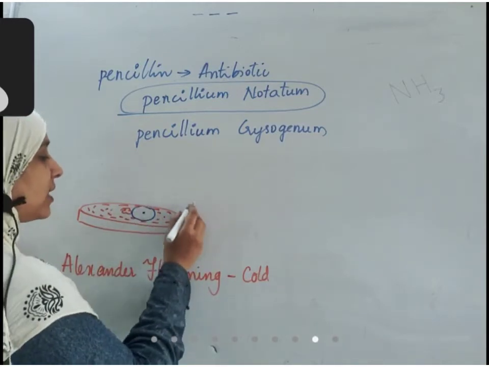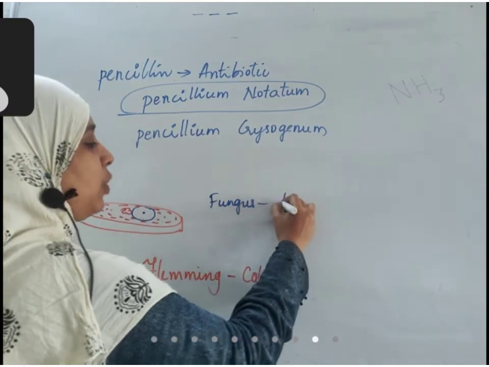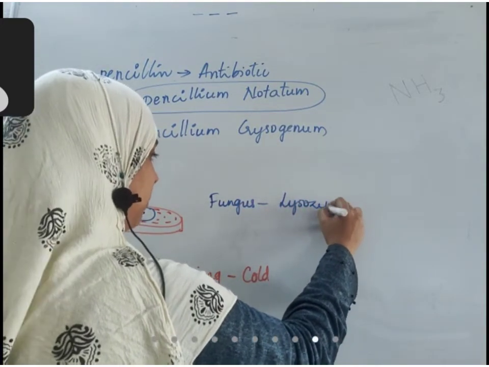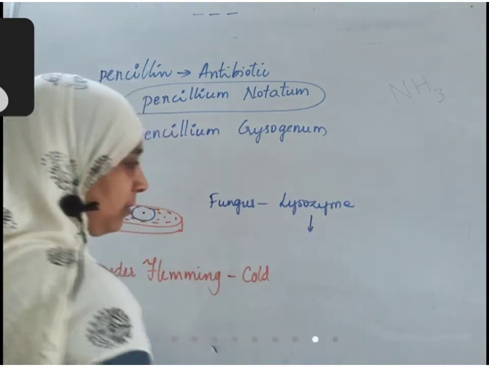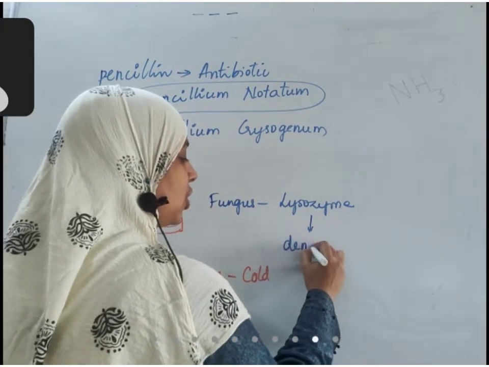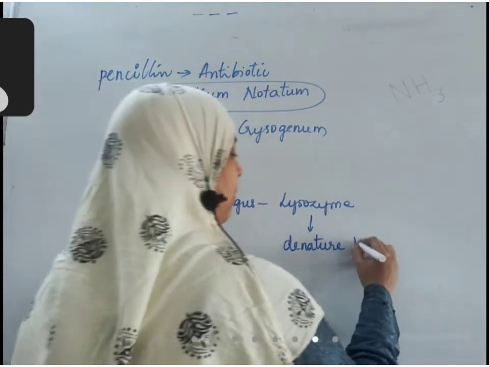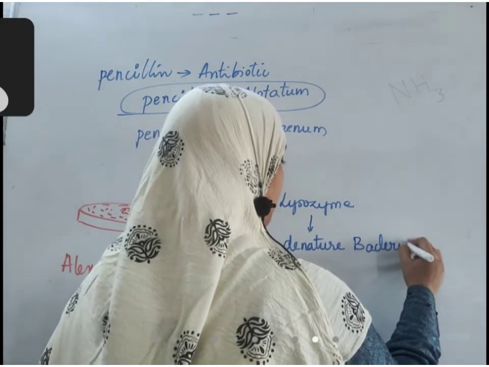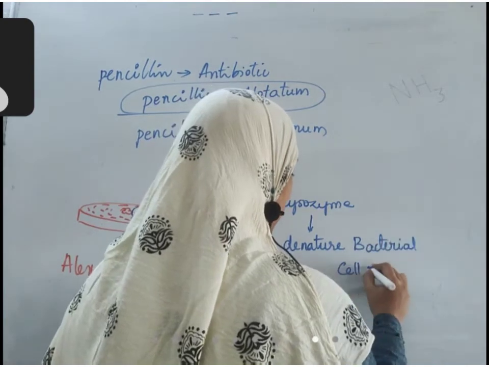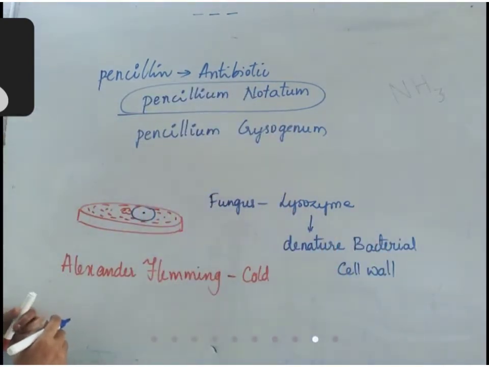So how did he discover it? The fungus has an enzyme called lysozyme. This lysozyme has the capacity to denature bacterial cell wall. The bacterial cell wall can be denatured with the help of this enzyme lysozyme.